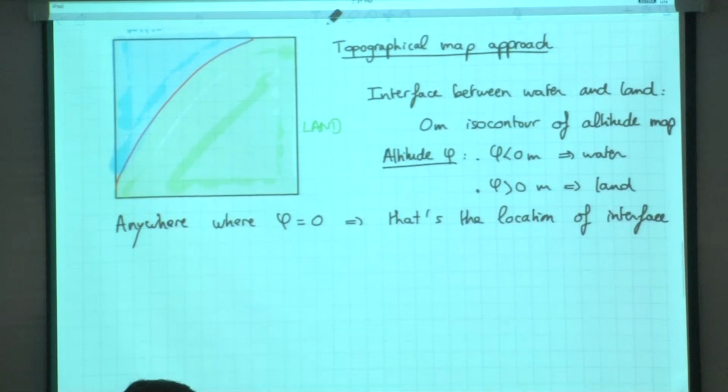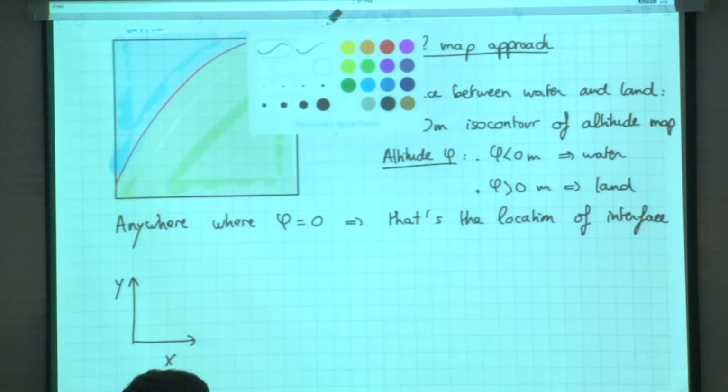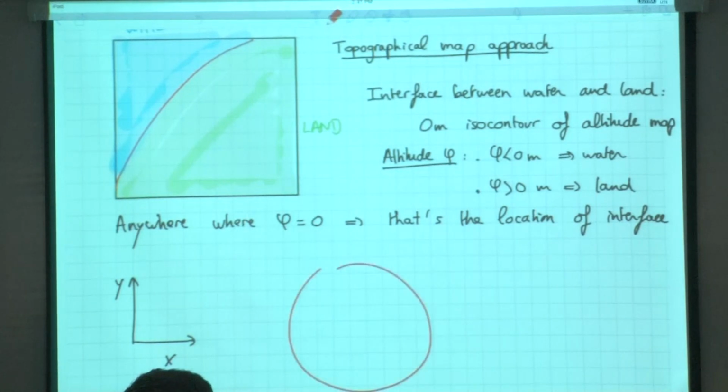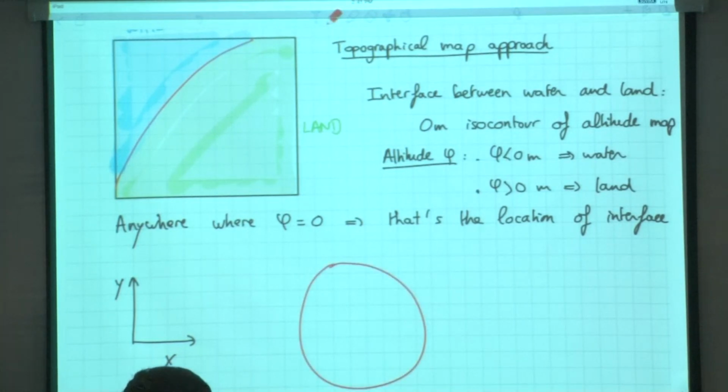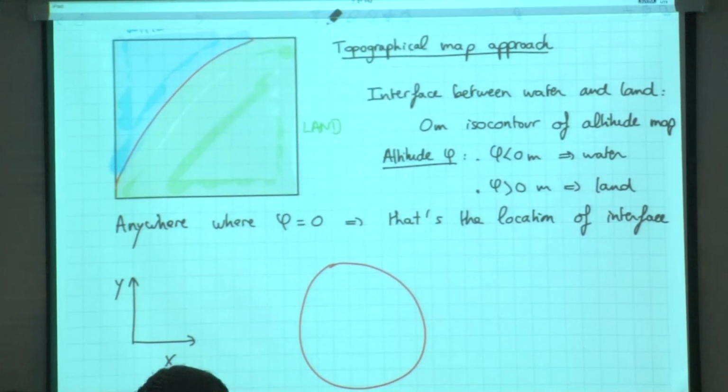Okay, so let's translate that to our problem of liquid gas flows. If I have y and x, say I'm interested in looking at a bubble, then it would probably be closed, so let me try again. Whoop, good enough. So this is going to be our liquid gas interface.